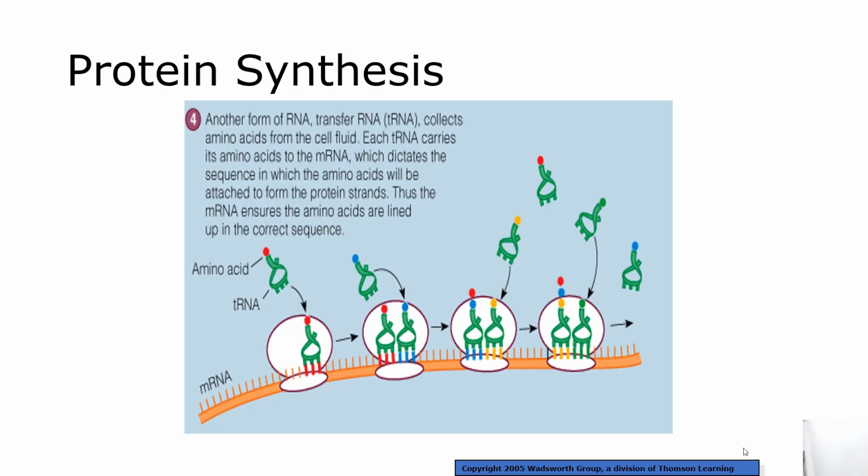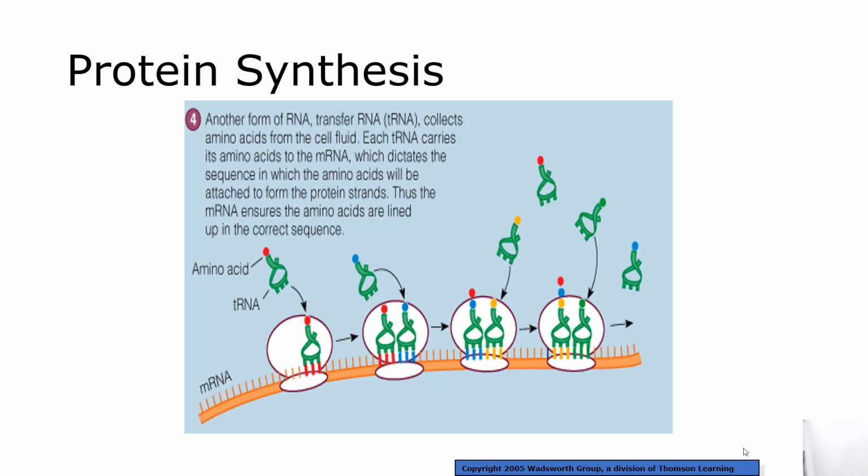Another form of RNA, transfer RNA, collects amino acids from the cell fluid. Each tRNA carries its amino acid to the mRNA, which dictates the sequence in which the amino acids will be attached to form the protein strands. Thus, the mRNA ensures the amino acids are lined up in the correct sequence.